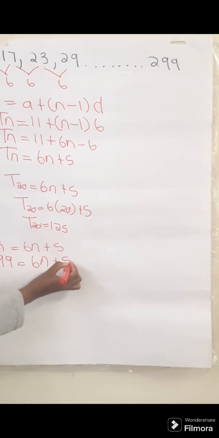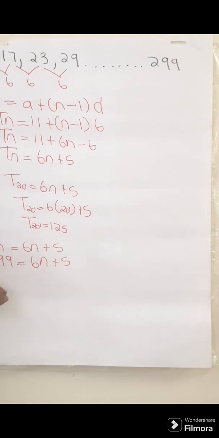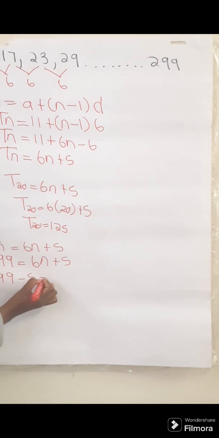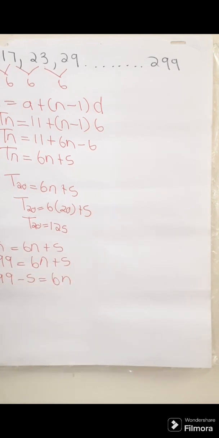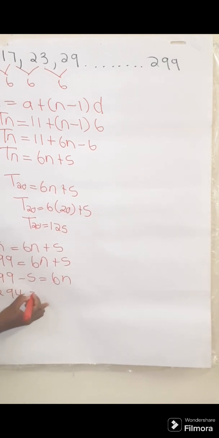6n plus 5. We don't know the value of n, so we say 299 minus 5 equals 6n, right? Because we want n by itself. So 299 minus 5 will give us 294 equals 6n, right?